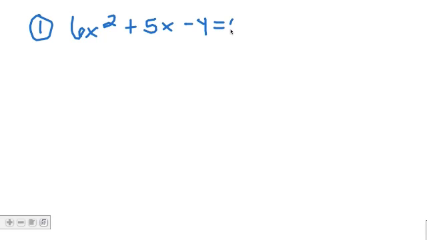If I give you a problem like this, we have 6x squared plus 5x minus 4 equals 0. So the first thing we want to verify is that it is in the correct order. Well, we have x squared, x, no x, and it's set equal to 0. So very good. This is my a, this is my b, and this is my c.